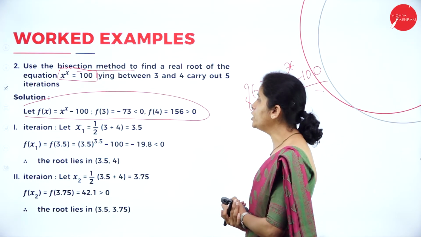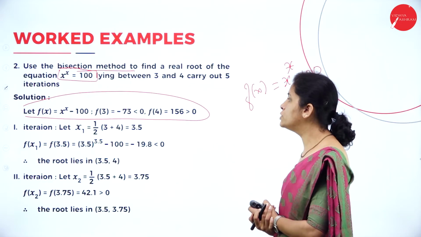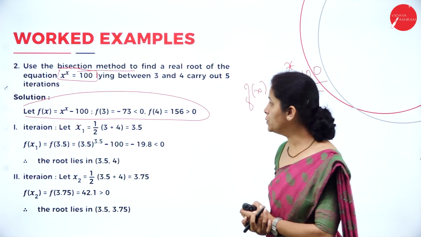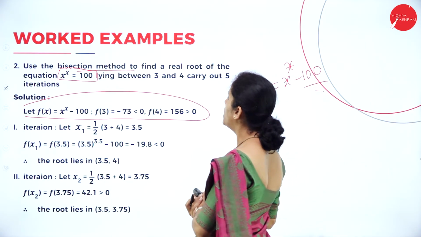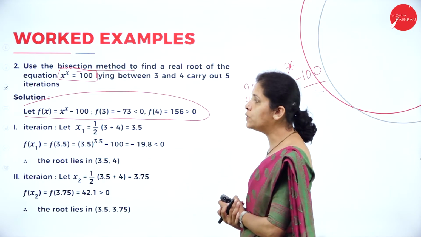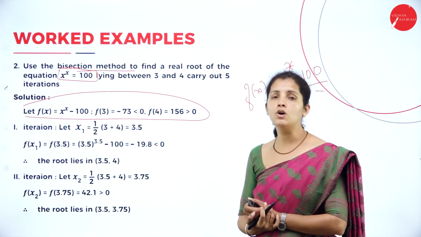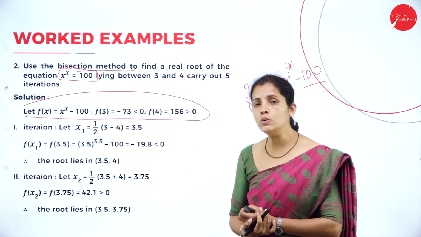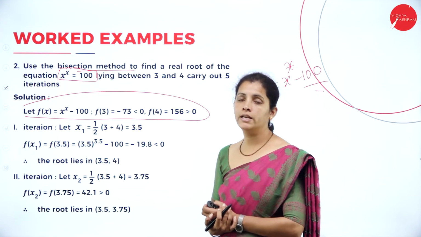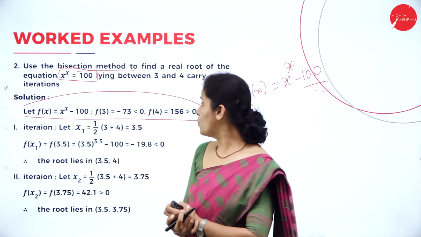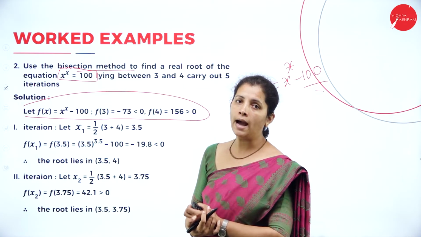And I'm going to start substituting the value. So, dear student, when I start with the value x equal to 0, I'm going to get negative value. When I start substituting x equal to 1, once again I'll get negative value.